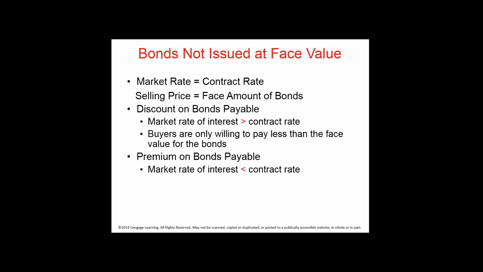If the market rate is less than the contract rate, then buyers are willing to pay a premium, meaning they're willing to pay more than $1,000 for those bonds. So it is necessary to know the market rate, whether you're the buyer or the seller of the bonds, and to plan accordingly.